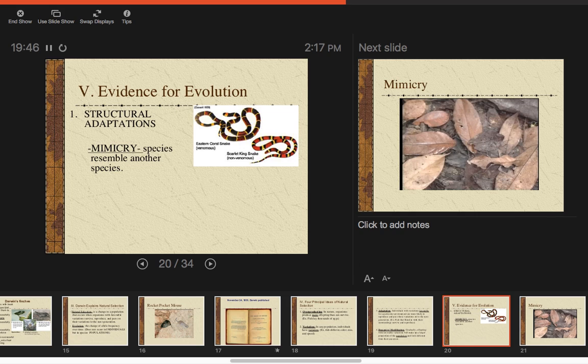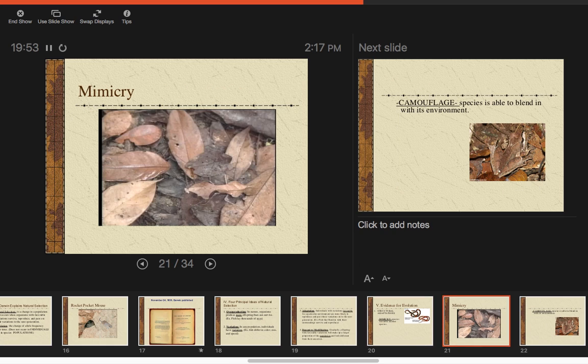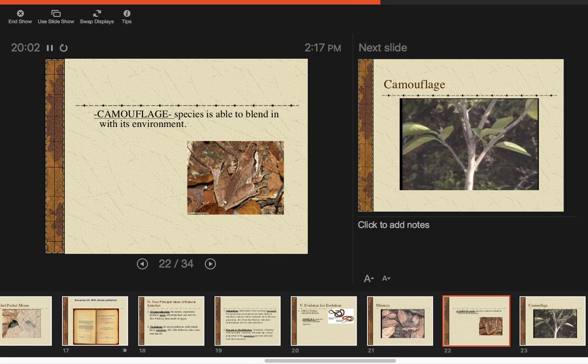So mimicry, like the coral snake and the king snake. The king snake mimics the coral snake, so predators will leave it alone. It didn't always look like that. It evolved to have that coloring. Camouflage, there's another one there. This is when species blend into their environment.